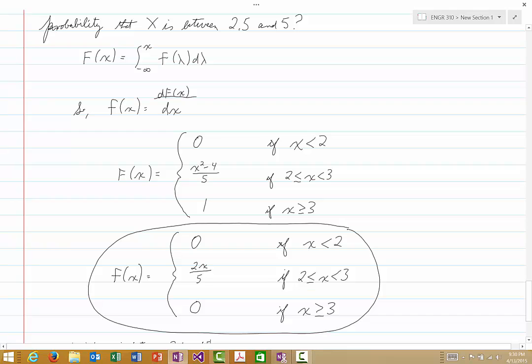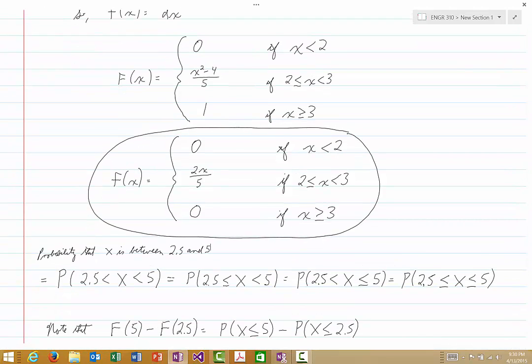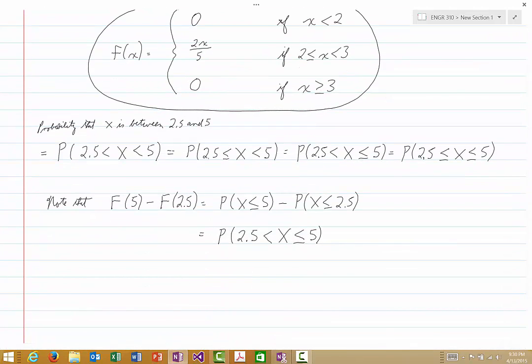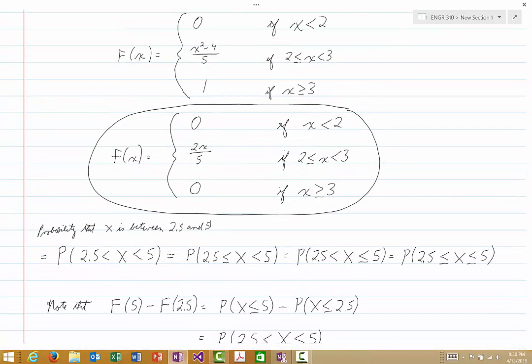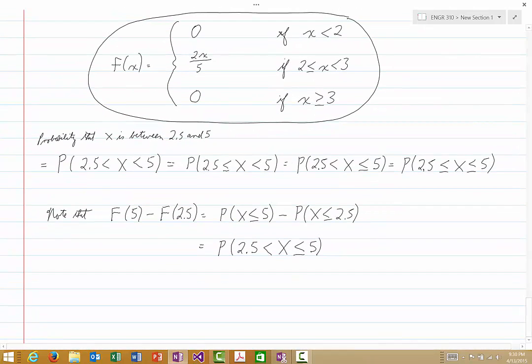So if you don't want to integrate little f from 2.5 to 5, then an alternative way to solve this problem is simply to calculate capital F of 5 minus capital F of 2.5. Now, I encourage you, just as extra practice, we're going to go ahead and finish this problem, but I encourage you to do it the other way as well. In other words, integrate little f from 2.5 to 5 and make sure you get the same answer.